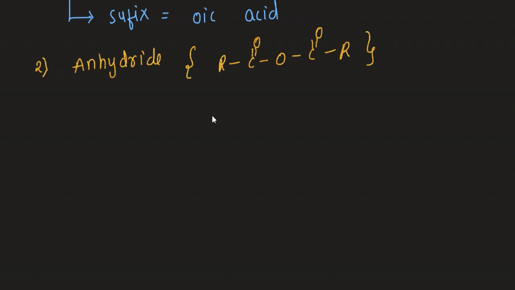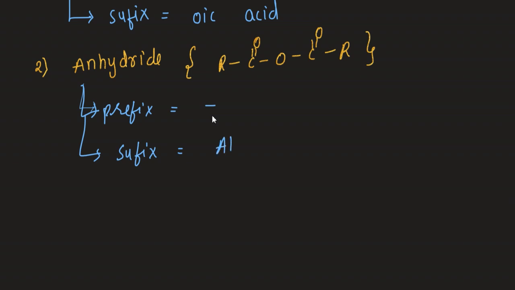Whenever it is acting as a prefix... Actually, first of all it will never act as a prefix because both its ends are closed. So definitely it will act as a suffix. Whenever it is acting as a suffix, you can call it as what?